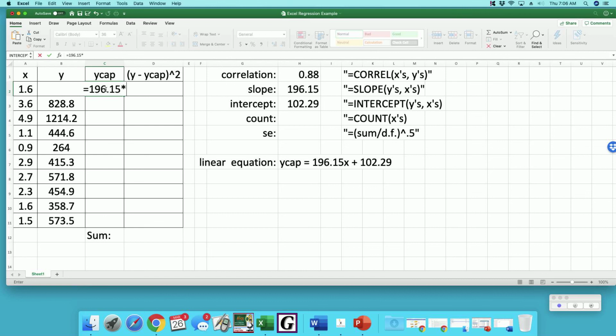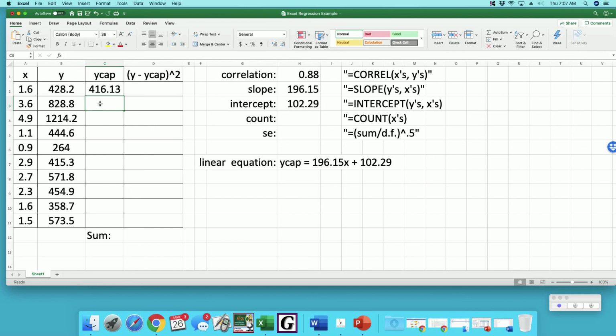Then we want x, but we're going to do a dynamic x. We're going to click A2. Then we're going to add to this our y-intercept, which is 102.29. Press enter, and there is our y-cap for an x of 1.6.